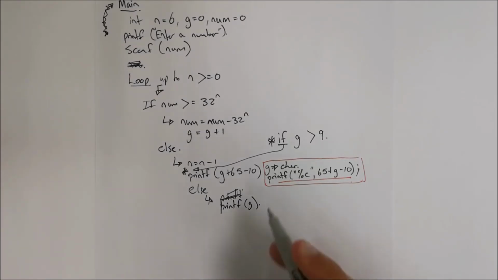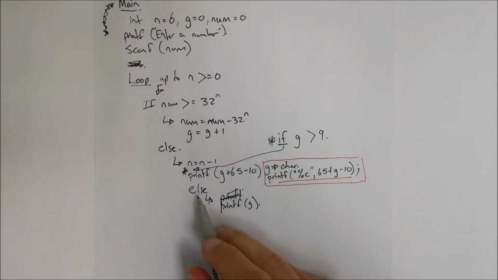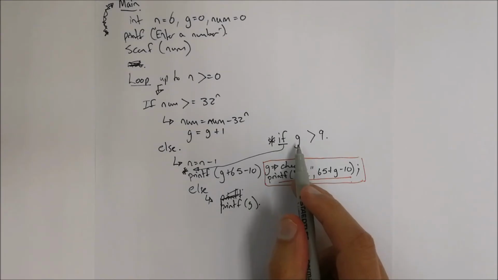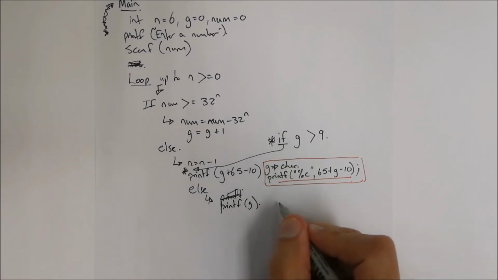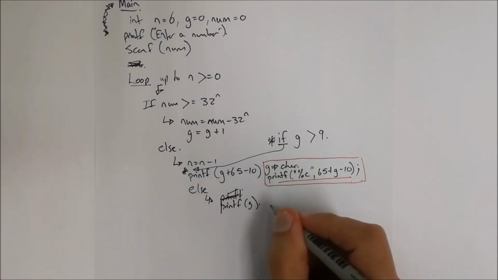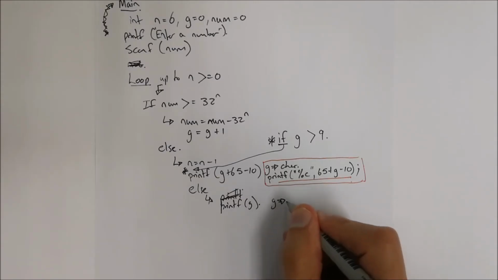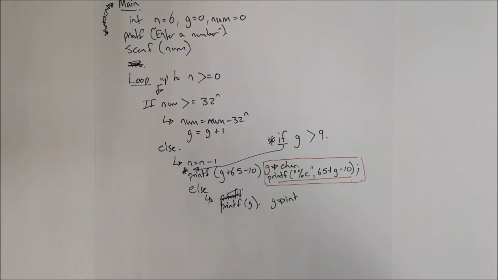At the same time, when I printf this g over here, in other words, when g is less than or equal to 9, g needs to be an integer. I can just print it as an integer.